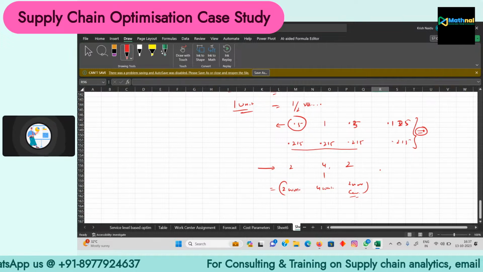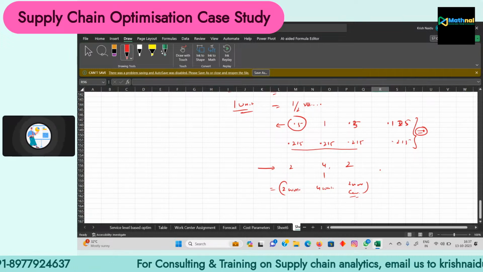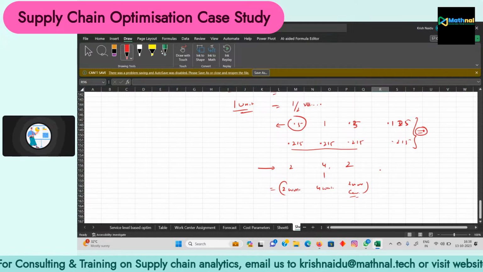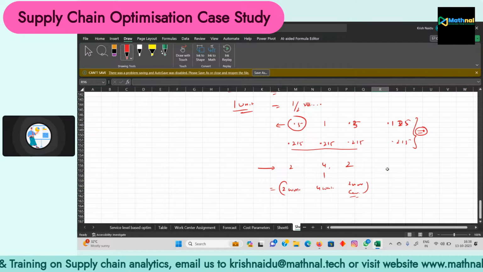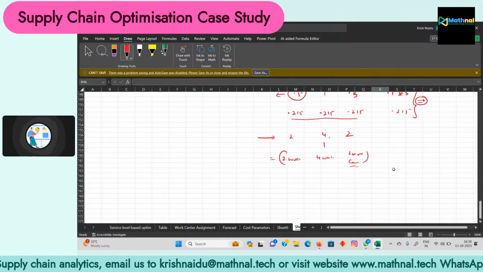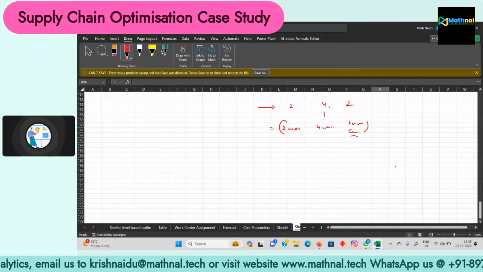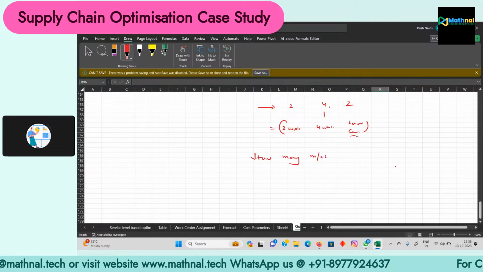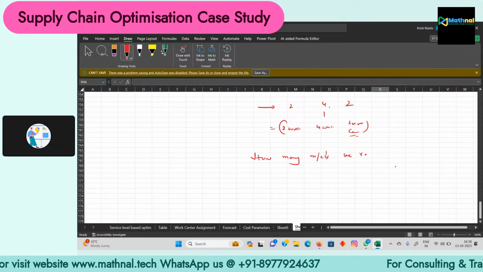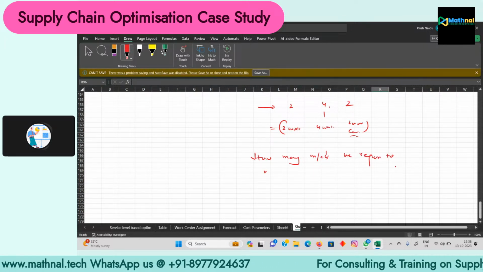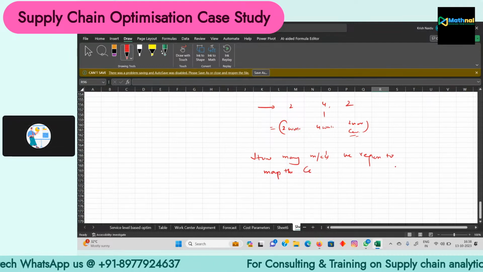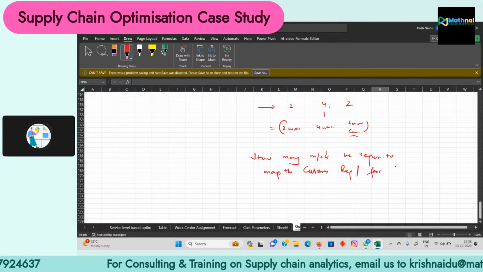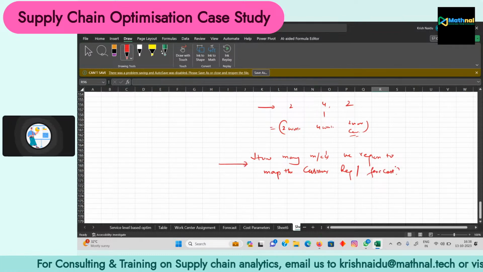If you want to map our customer requirement with the production capacity, how many machines do we require to map the customer requirement or the forecast, right? This is what we need to look at.